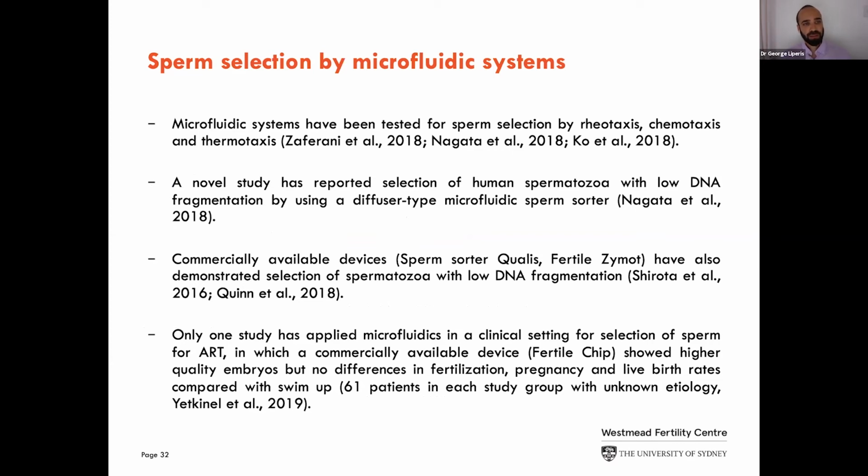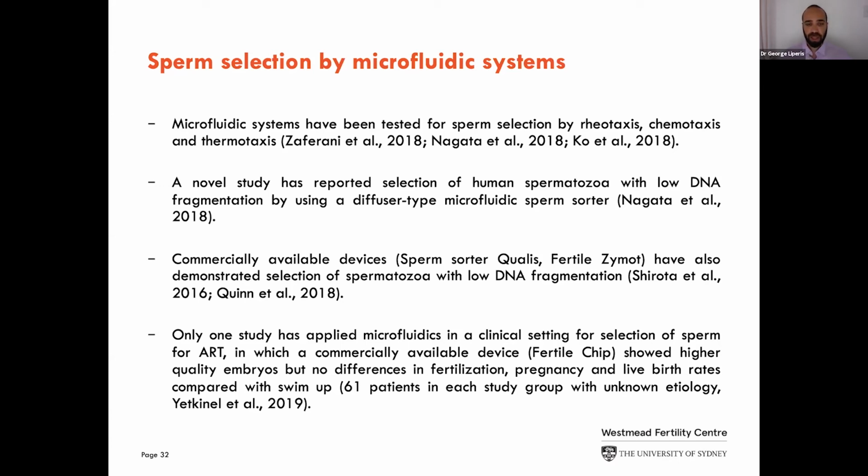So these microfluidic systems have been tested for sperm selection using these methods. A novel study has reported selection of human spermatozoa with low DNA fragmentation by using one type of these diffuser type microfluidic sperm sorter. And there are commercially available devices in the market that have demonstrated selection of spermatozoa with low DNA fragmentation.